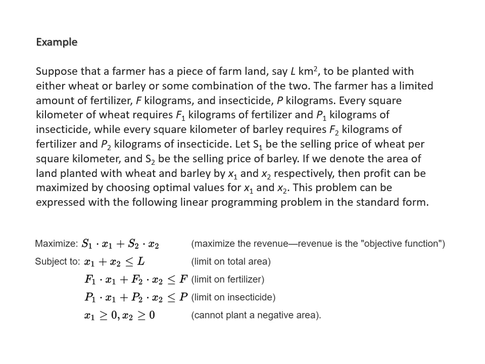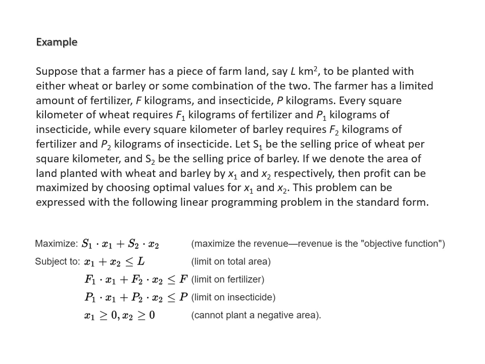So let's say we have a farmer, and the farmer has a piece of land that has an area of L. So L we're going to measure here in square kilometers. And the farmer has a choice to make. He has to plant some of that with wheat, some of that with barley, some combination of the two, or all wheat and all barley.